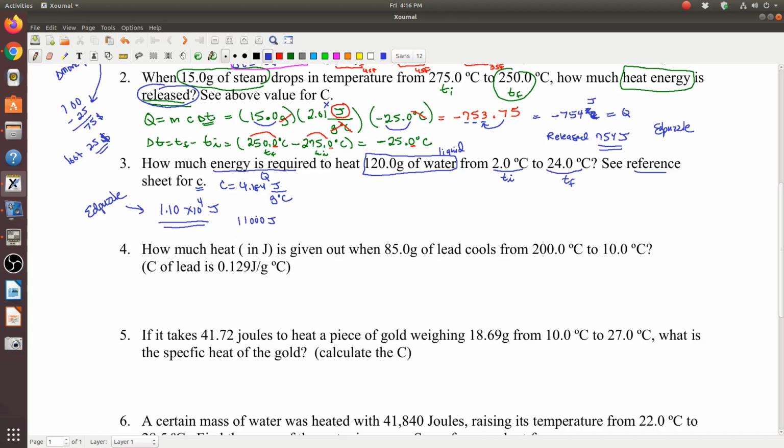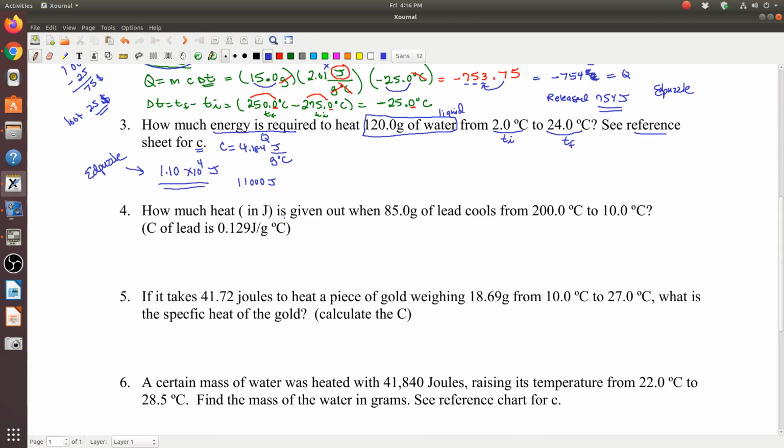Number 4. How much heat, again in joules, so that's still the Q, is given out when 85 grams of lead cools from your initial temperature to your final temperature? And then I gave you the specific heat of lead, 0.129 joules per gram degrees Celsius.